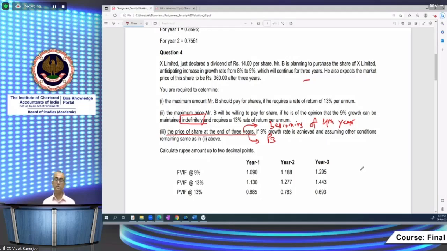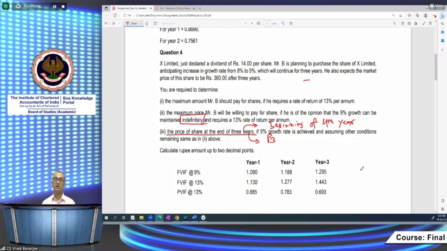This is the first portion. The second portion, the word which is used is indefinitely. It is clearly given in the question that the company will maintain this 9% growth rate indefinitely. So Gordon's constant dividend growth model will be used. In the third part, it is clearly given in the question price of share at the end of 3 years, or at the beginning of the fourth year.